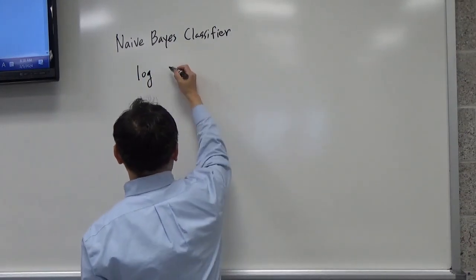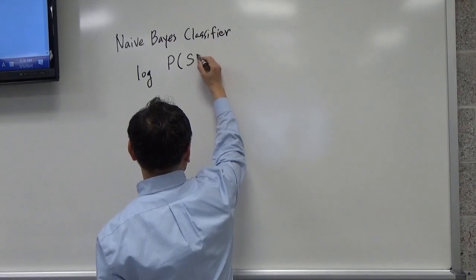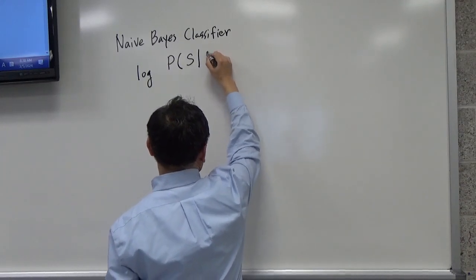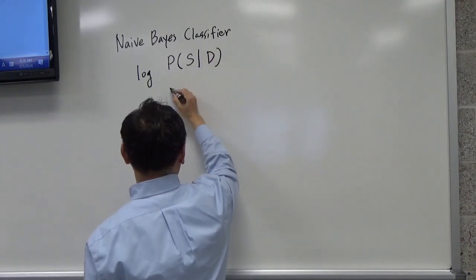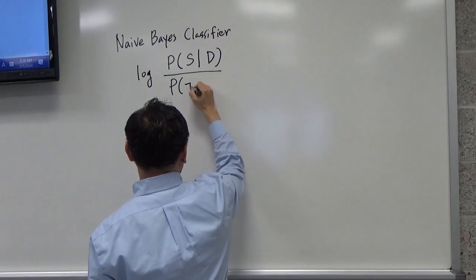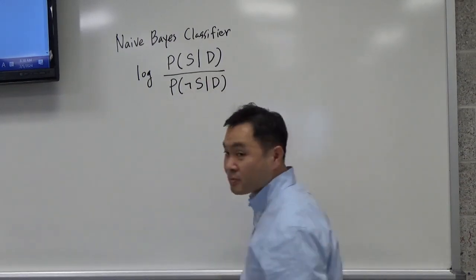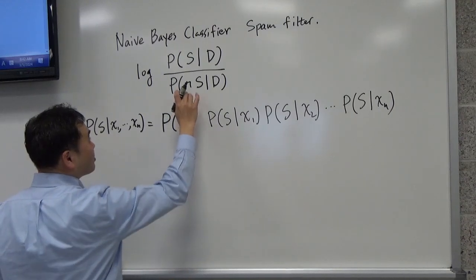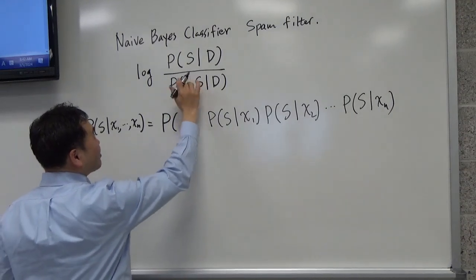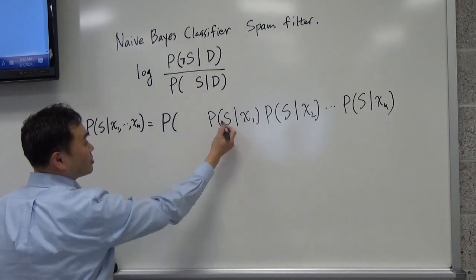It takes the probability of being spam under some conditions, D, and then divides it by the probability of not being spam under some conditions, D, right? Actually, the way I think I coded it was I put non-spam on top. It doesn't matter, really.